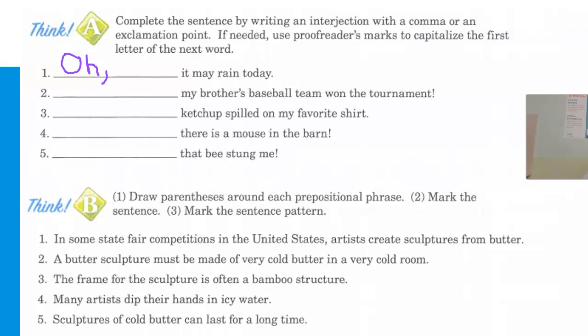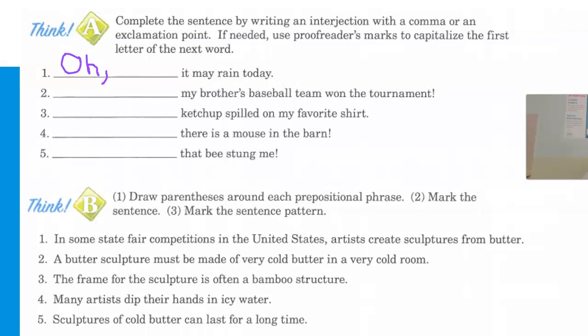Now, as we look at Think B, we want to draw parentheses around each prepositional phrase, mark the sentence, and mark the sentence pattern. So we need all 3 of those things to be completed.